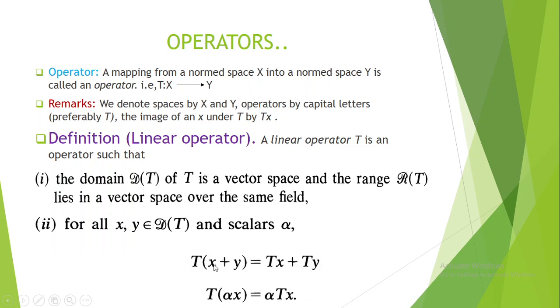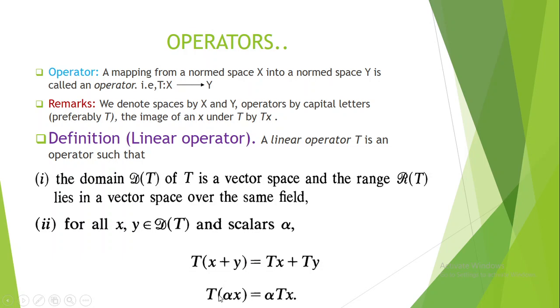The first condition is that we take any two arbitrary elements from the domain of the operator, then apply the operator to their sum. The right side says that we first apply the operator on each element of the domain and then add the results. Both the left and right hand sides give the same result.